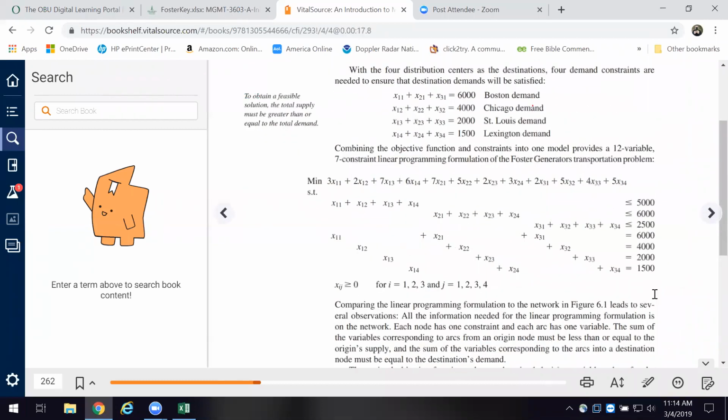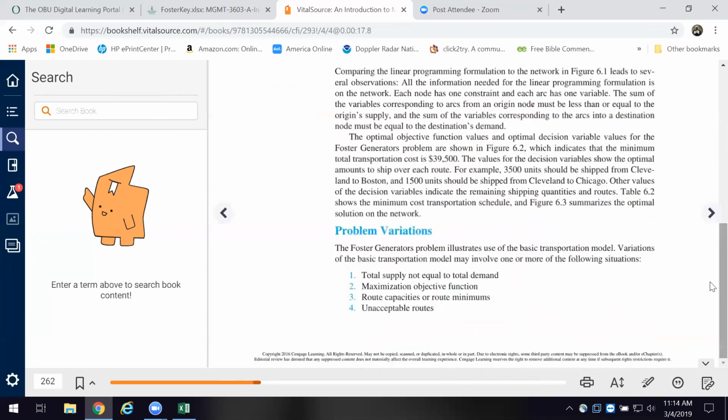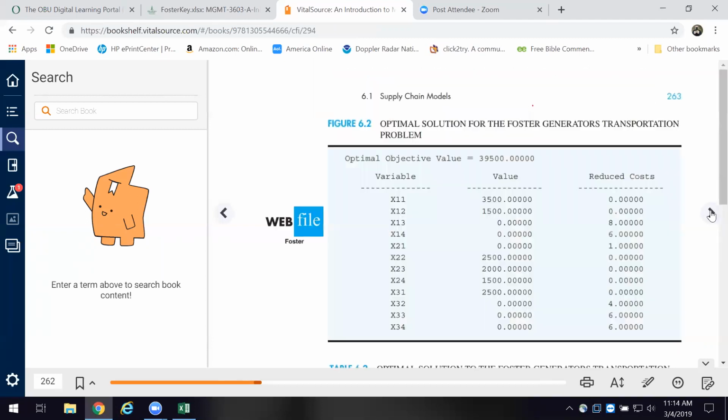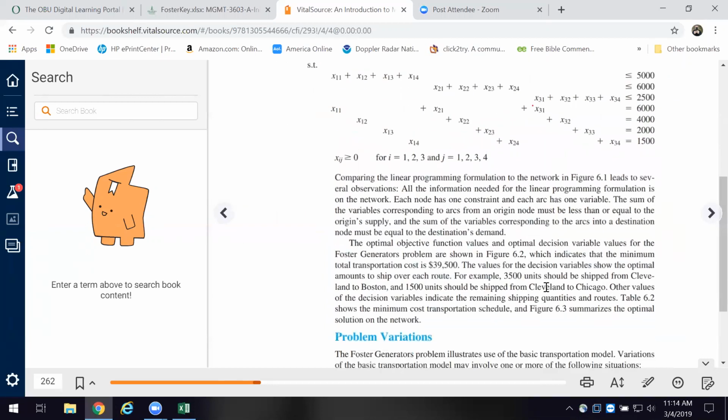So here we have the equation, and we're going to do a minimization function. Then we've got the changing variables and the constraints. And they give us some potential problem variations at the very bottom.